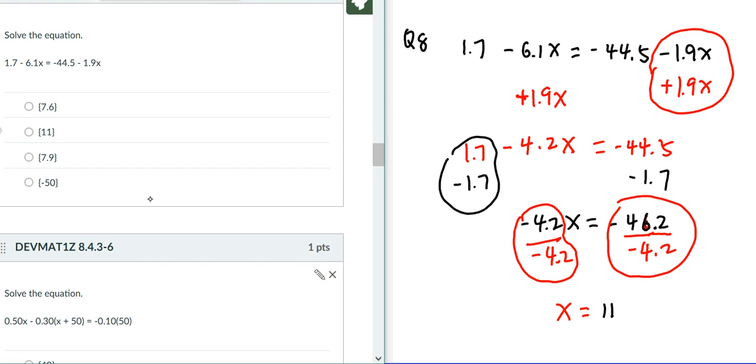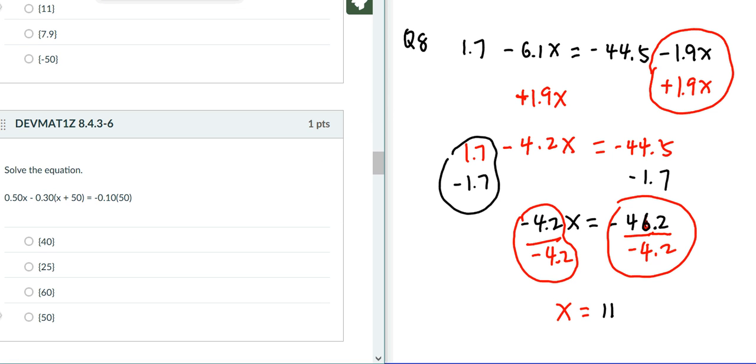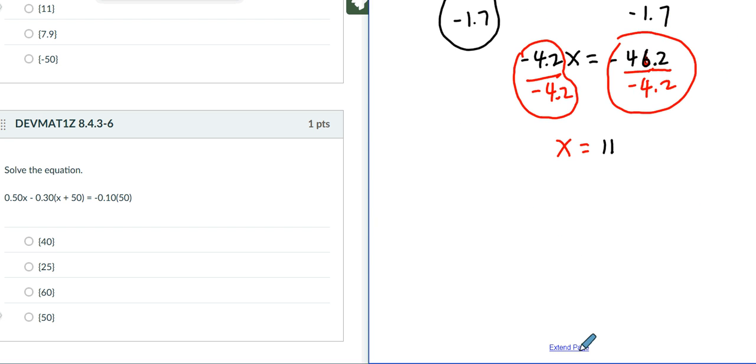Now, keep moving. We want to do this one. So that will be our question 9. So let's work on question 9. Question 9, the left-hand side, we have 0.50x.